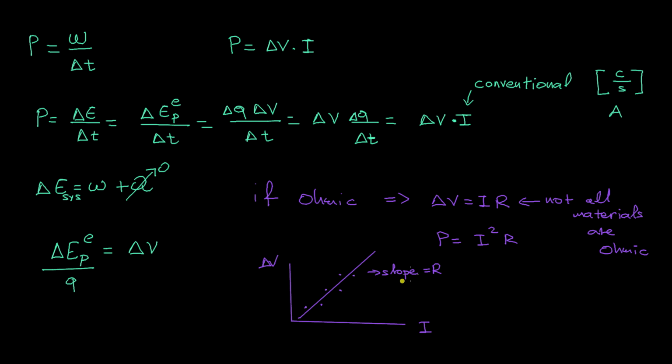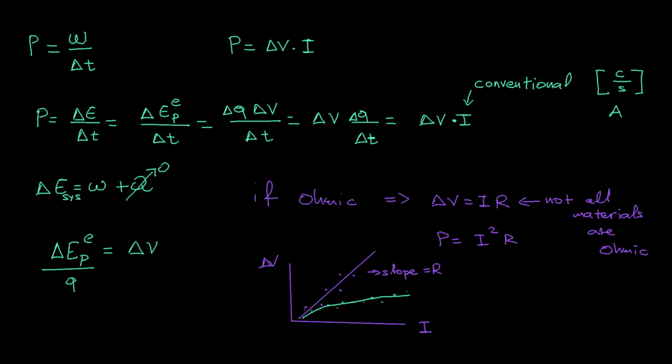If it is not ohmic, you're going to get a slope that is changing as you change the potential difference, or as you control the current.